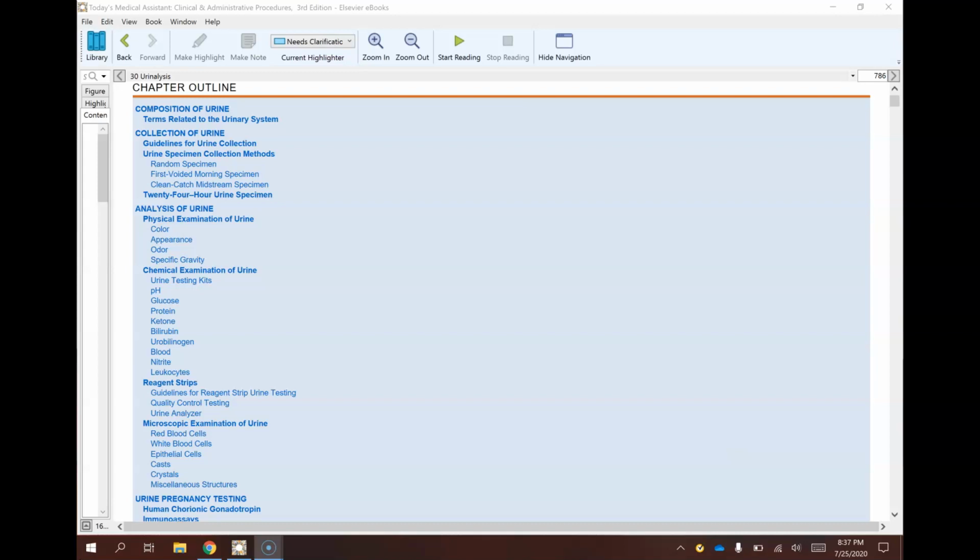We've become fairly familiar with some of these terms in this outline from our S&T words, things like reagent, pH, leukocytes, red blood cells, white blood cells.